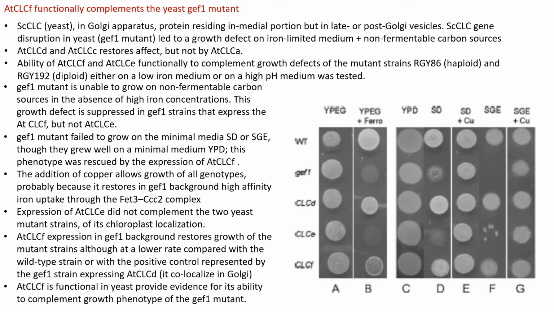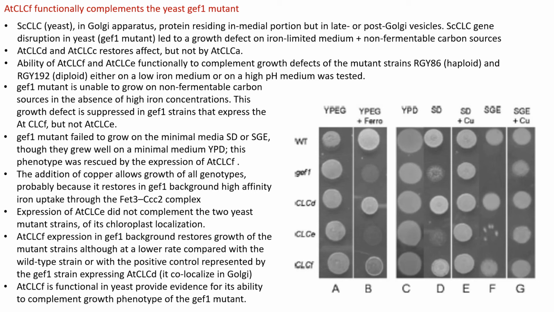Now generally it has been seen that ATCLC-D and ATCLC-C, which are also chloride ion channels, would restore the effect caused by the GEF1 mutation in the yeast ScCLC, but not ATCLC-A.